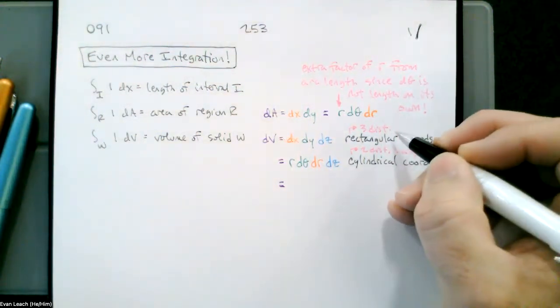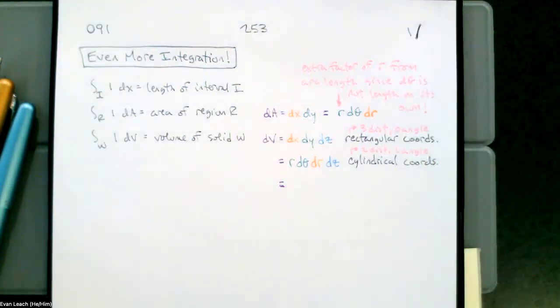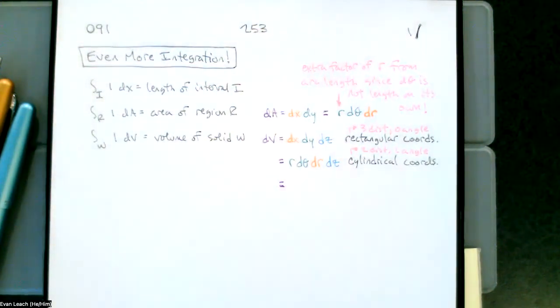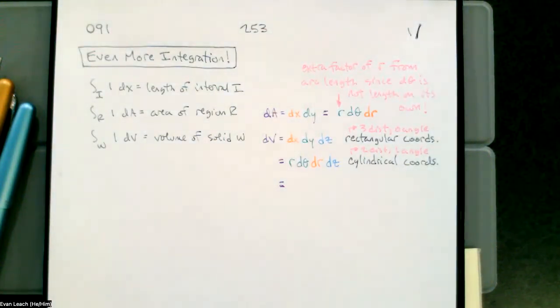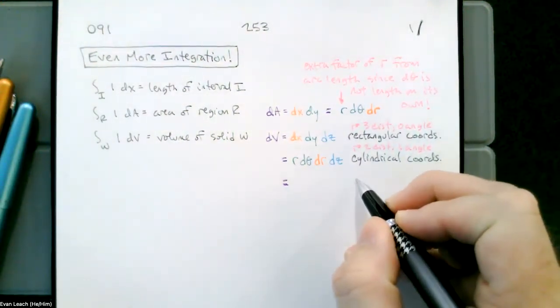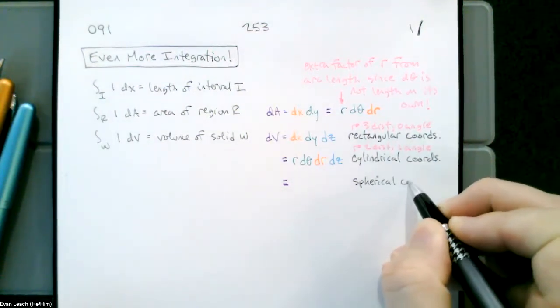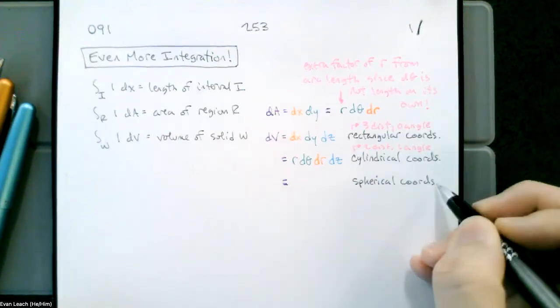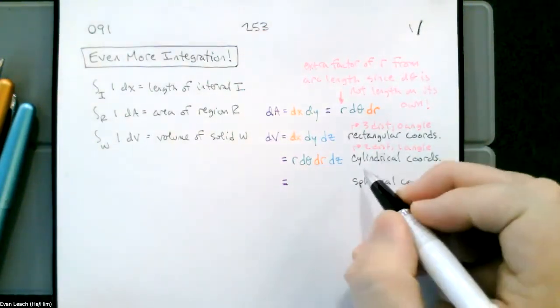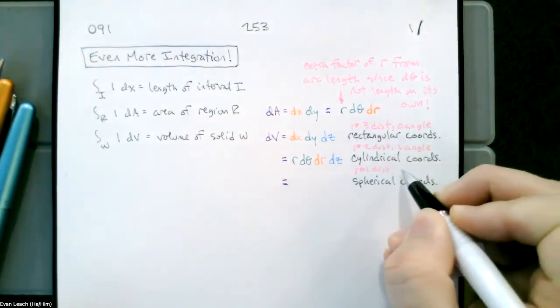I'll throw that in there, make it real obvious. Then we go to 2 distance, 1 angle, and we have room for another one. 1 distance, 2 angle. And these are going to be called spherical coordinates. So spherical coordinates will be 1 distance and 2 angle.